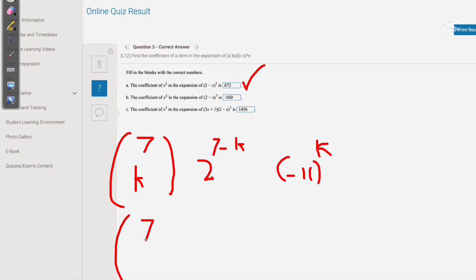So 7C3, 2 to the power of 4 times negative x cubed. Here the sign will stay, since the power of negative x is odd. So 7 shift divide 3 times 2 to the power of 4 times negative x cubed will give you negative 560x cubed.